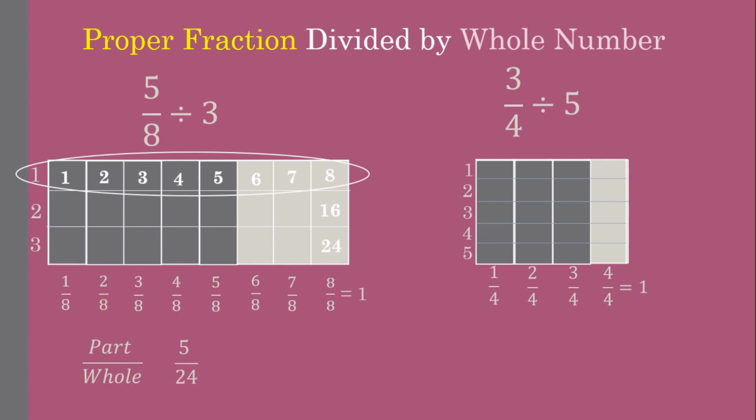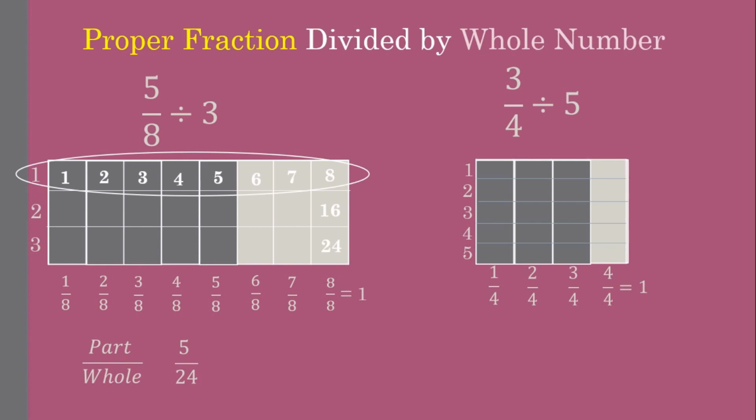So I took that shaded gray part, 3/4, and divided it evenly between the 5 sections. My answer is going to be less than my original 3/4, my original dividend, because I cannot take a whole group of 5 from 3/4, because 3/4 is way too small. So my answer is going to be a fraction of a number.